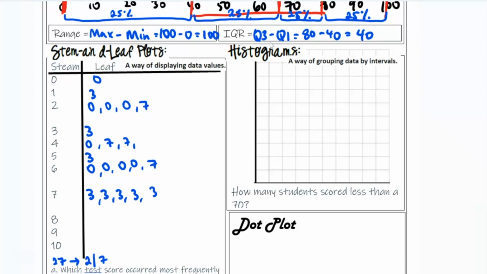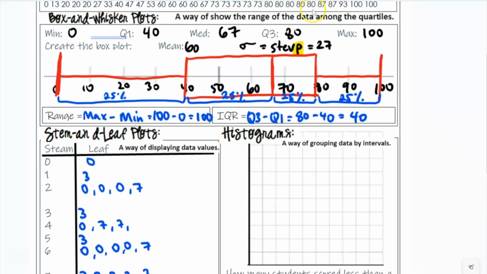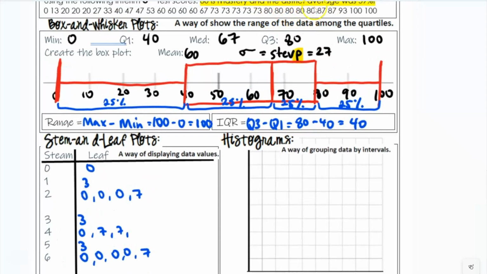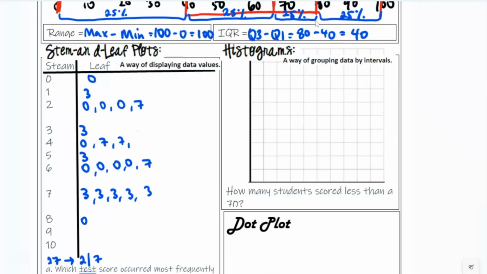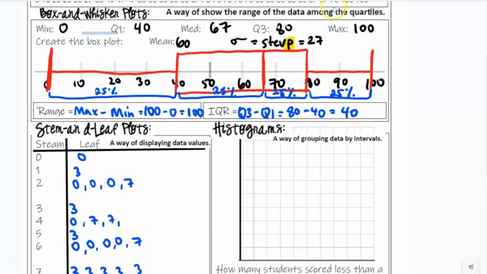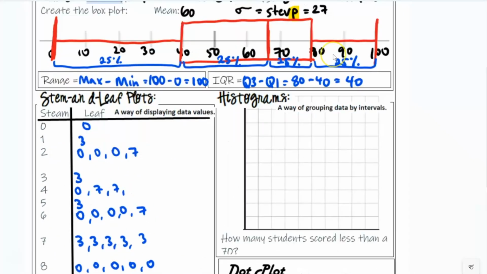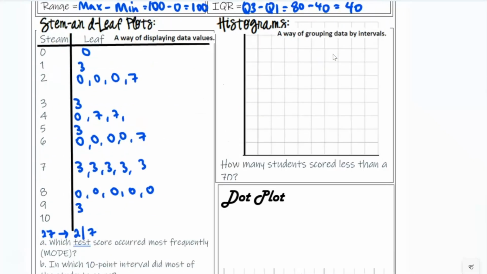And keep them evenly spaced out. 73. 80, and I have five of those too. Then 93, and 100 twice. Now notice this is already 10, so it puts 1, 0, and then if you add a 0, it'd be 100 twice. So this is how my stem and leaf plot looks. So hopefully you've gotten how to do yours.